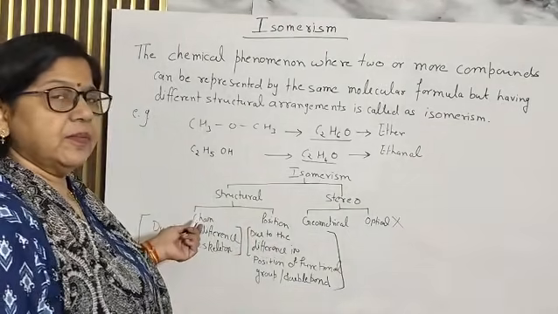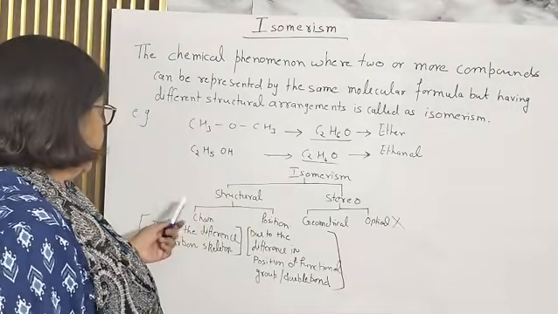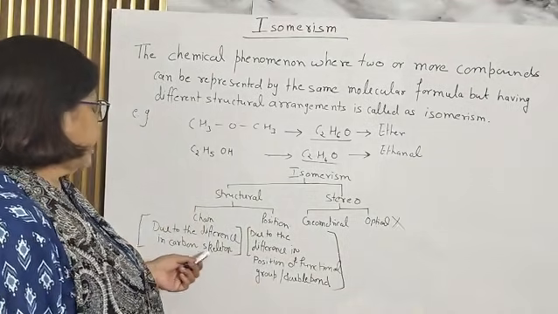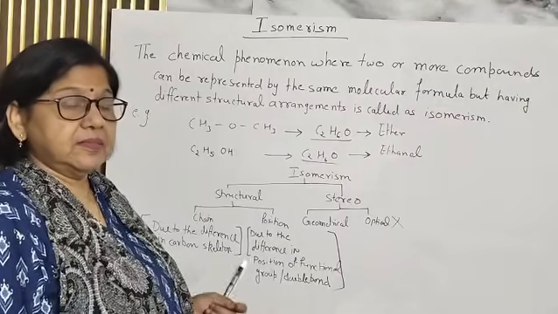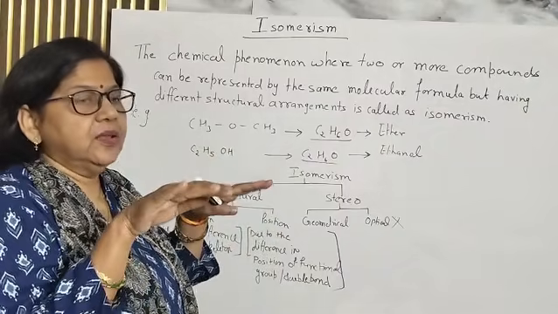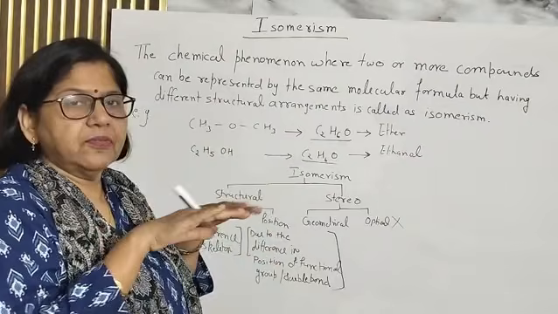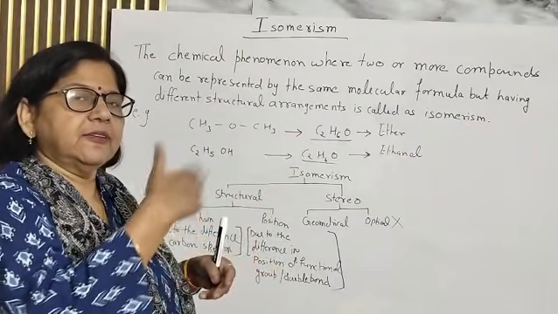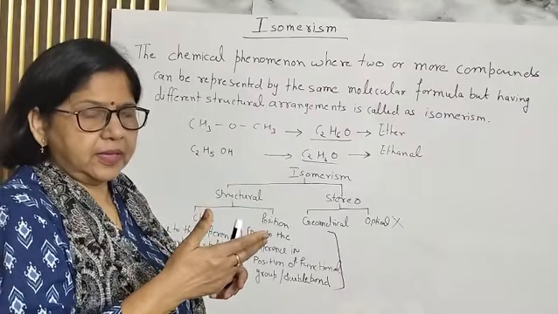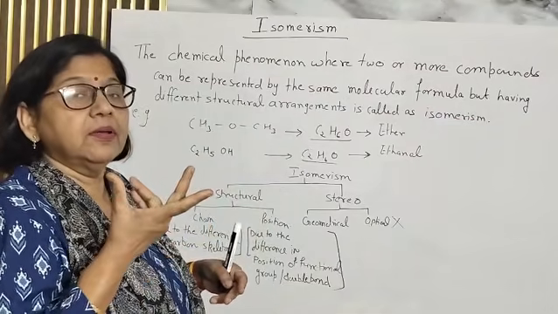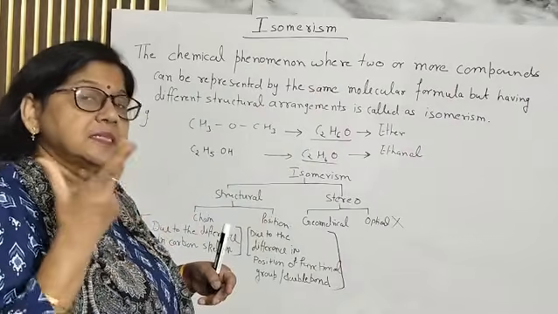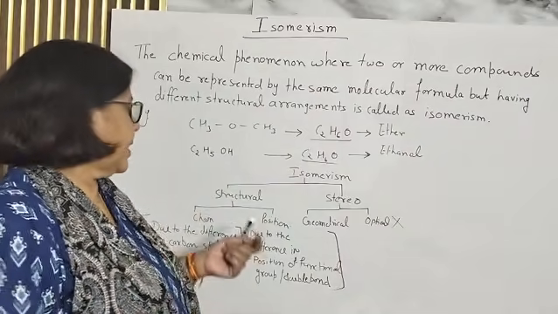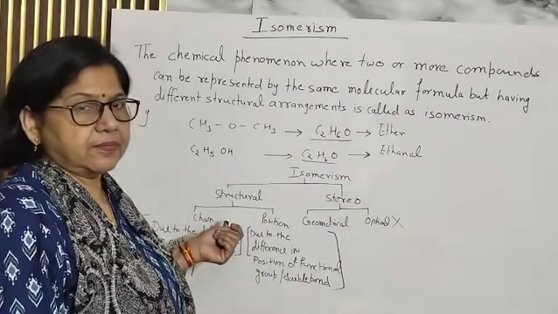As is clear from its name, chain isomerism is due to the difference in the carbon skeleton. Meaning a chain of carbon atoms can be represented in a different form, but the total number of carbon and hydrogen remains the same. That is known as chain isomerism.